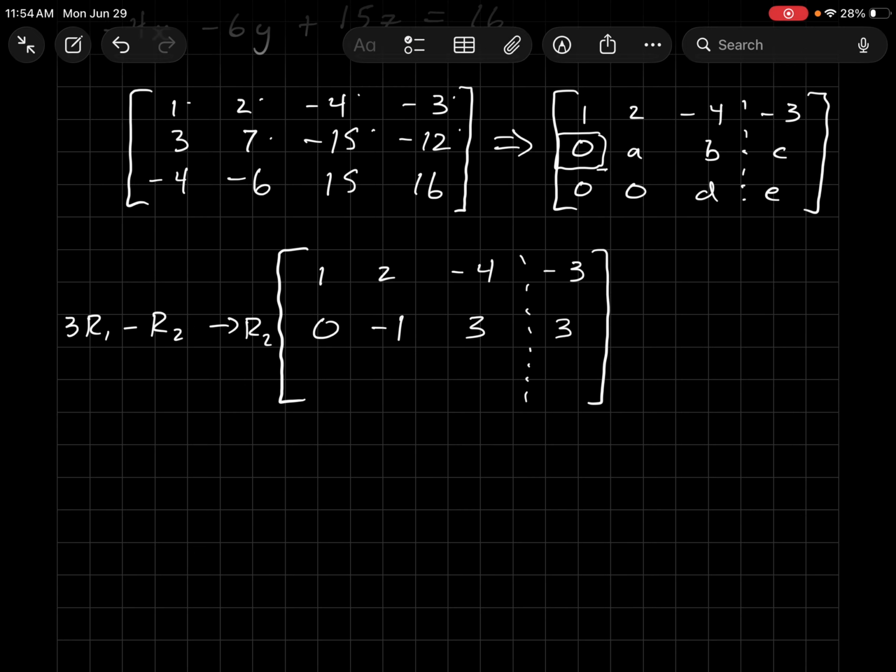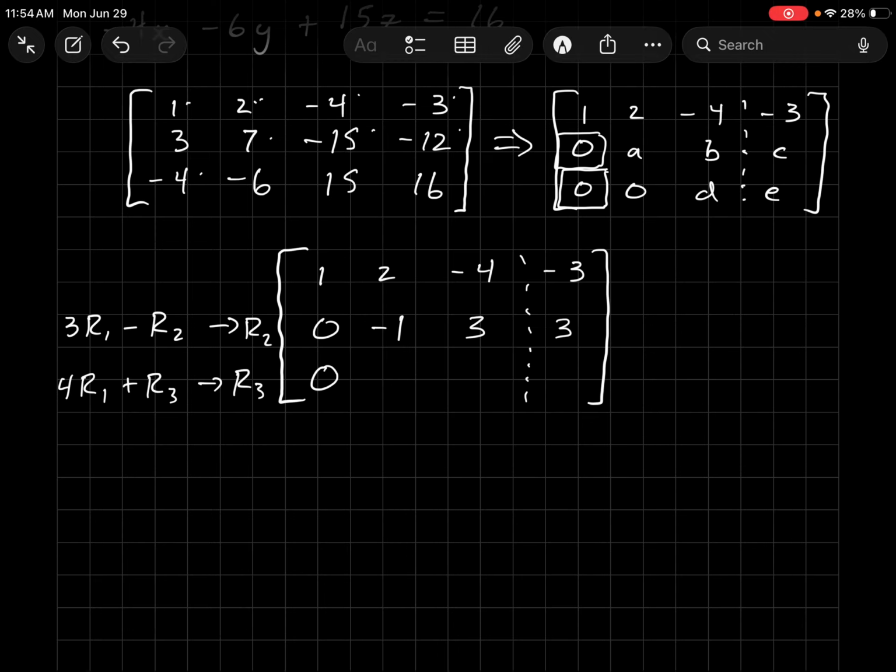Now I want to get row 3, column 1 to be a 0. And I'm going to use a combination of row 1 and row 3 to get a new row 3. It looks like if I do 4 times row 1 plus row 3, making that my new row 3, I will get a 0 where I want it. So let's see if I do. 4 times 1 plus negative 4 gives me 0. Perfect.